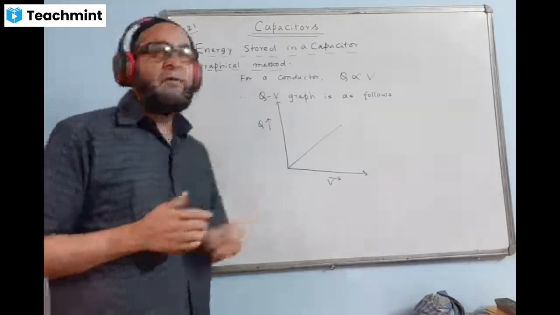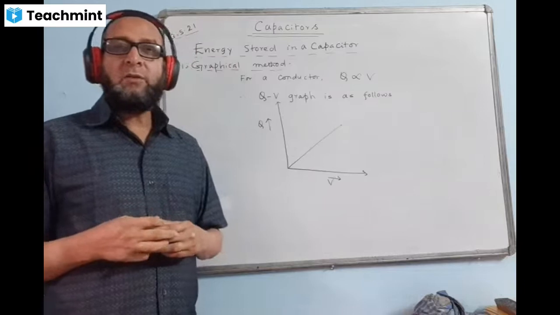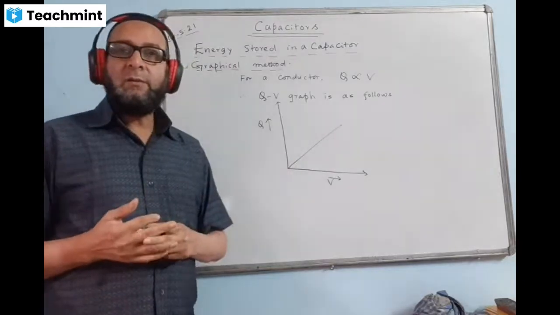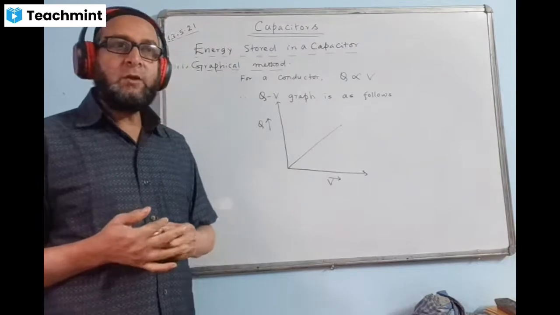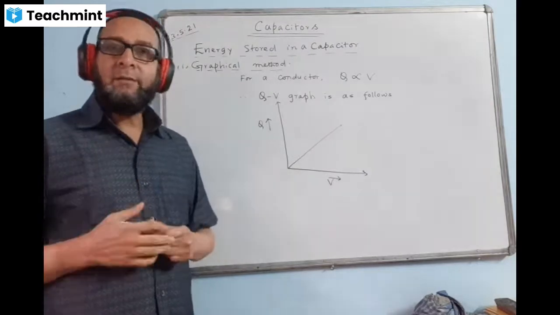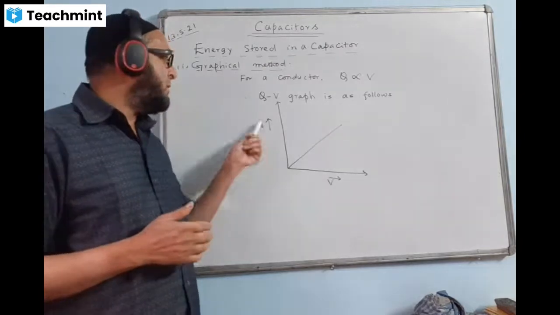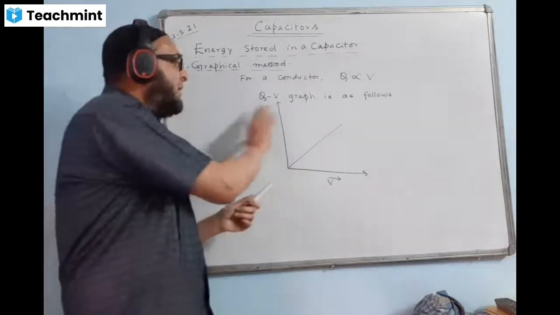Just check the graph and tell me one thing. If I find the slope of this graph, what will I get? What will be the slope of the QV graph? Slope means y-axis divided by x-axis.